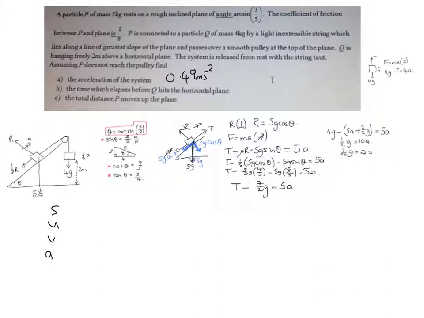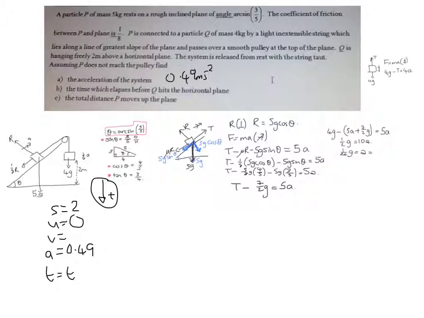So I'll just write out my ingredients. We want the time. We've just found the acceleration. I'm going to use this as positive, so it's accelerating at 0.49 metres per second squared. And the initial speed was 0, and I know that the displacement is going to be 2 metres.